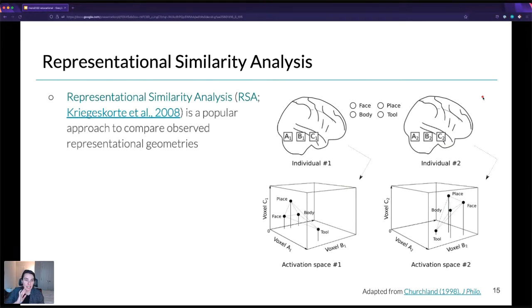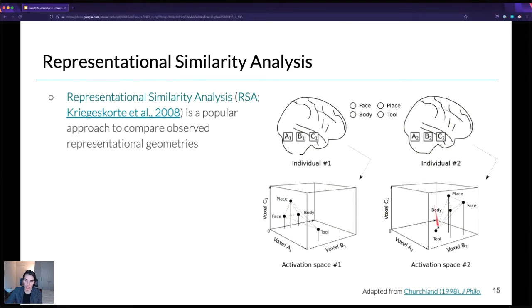And the idea is that we're going to compare observed representational geometries. So basically what that realistically means is if we look at these two activation spaces in this schematic, what we're going to do is we're going to say for each of these four different stimuli, we're going to plot their relative activation across the observed voxels in this new activation space.